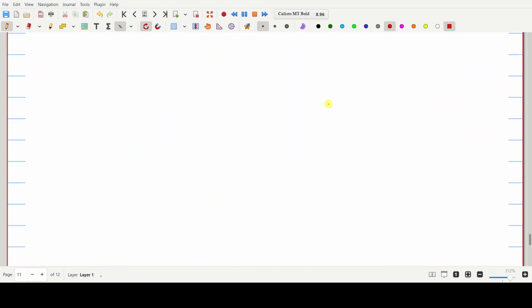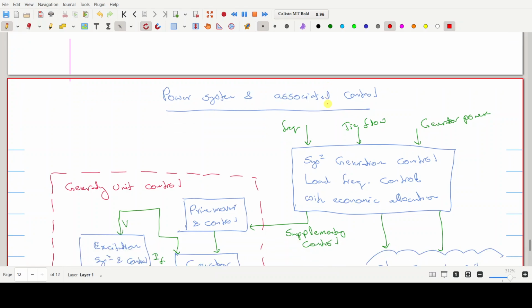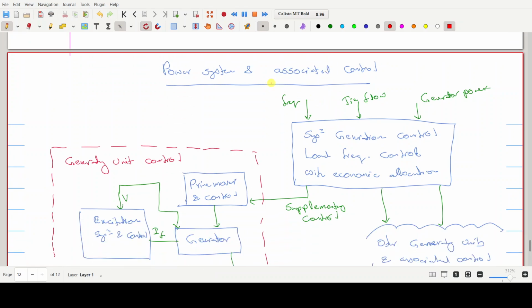If you take a typical power system, it is associated with many control schemes.